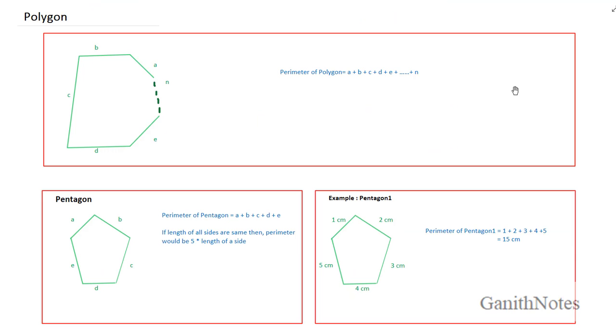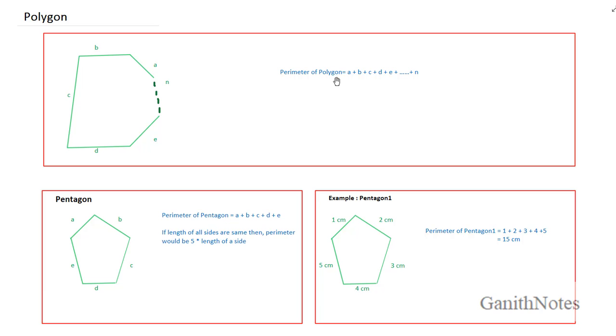So next type of geometrical figure would be a polygon, which is nothing but a geometrical shape which has sides more than 4. So in this particular polygon, which is drawn over here, we have side 1 of a centimeter, side 2 of b centimeters, side 3 of c centimeters, side 4 of d centimeters, side 5 of e centimeters, and there are other more sides which proceed and then meet ultimately at the original position.